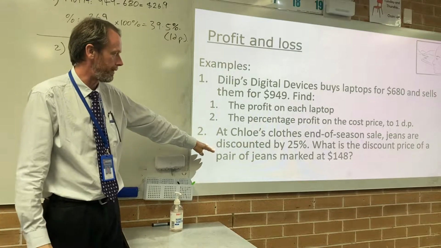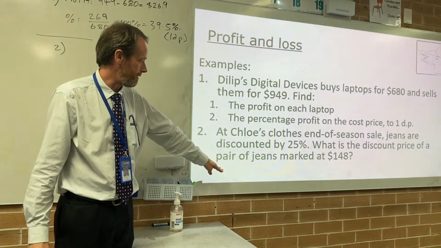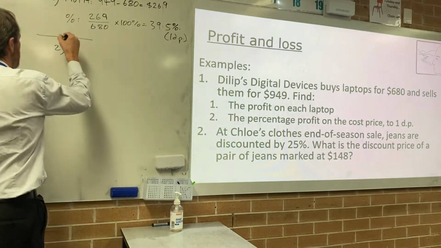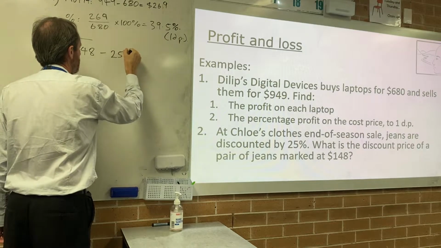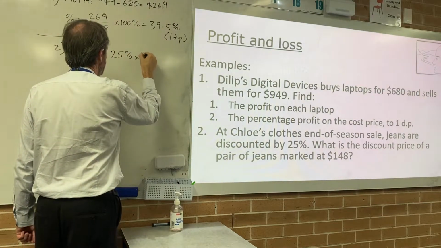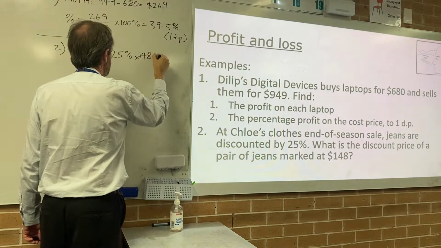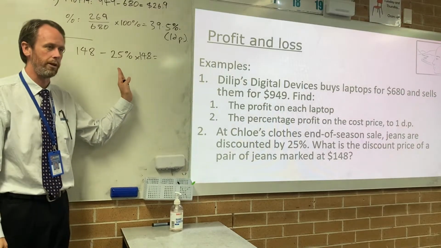So 25% off our jeans, that means we've got to take 25% away. So they're marked at $148. We just use the maths we've already been doing, but we're now applying it. 25% times 148. All you need to do is multiply, put that in your calculator and you'll get the answer.